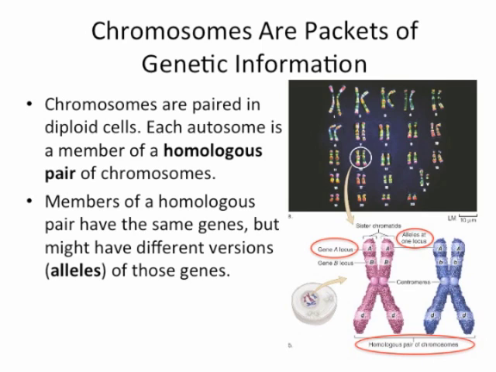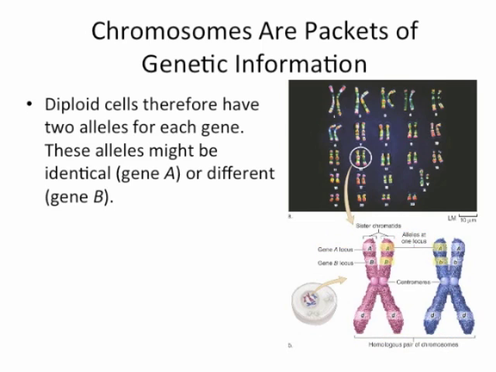So, in a diploid cell, how many copies or how many alleles for each gene do you have? Two, right. There we go. Pretty simple. So diploid cells have two alleles for each gene. Ignoring more complicated things that actually have multiple genes coding for them.